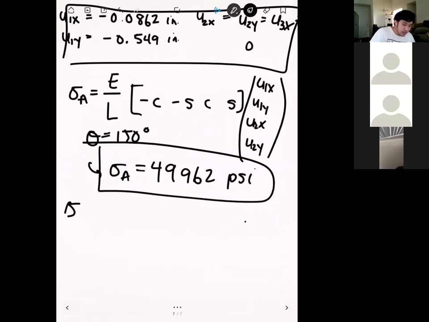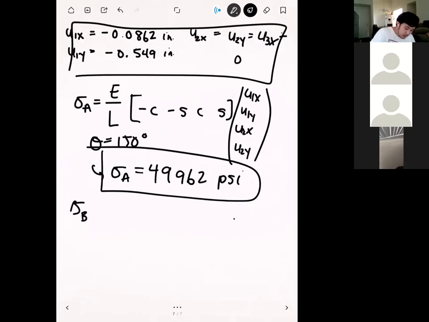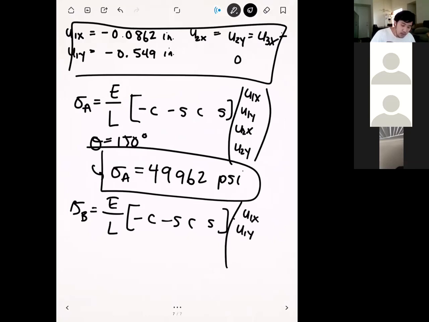Then we can do the same thing for sigma B. It's the same thing: E over L times minus cosine, minus sine, cosine, sine. But element B is bordering nodes 1 and 3, so we're going to do u1x, u1y, u3x, u3y.